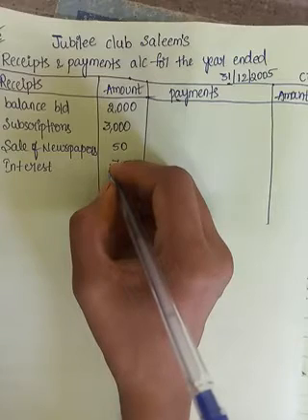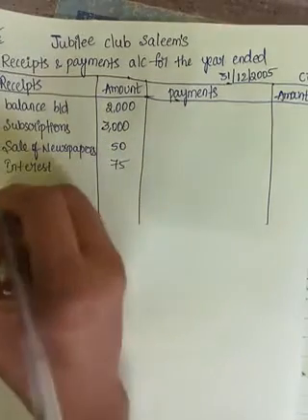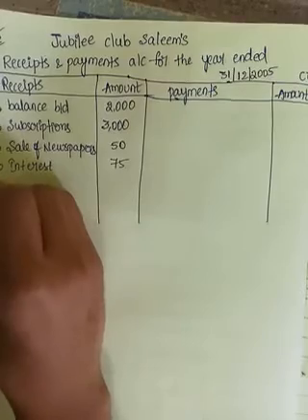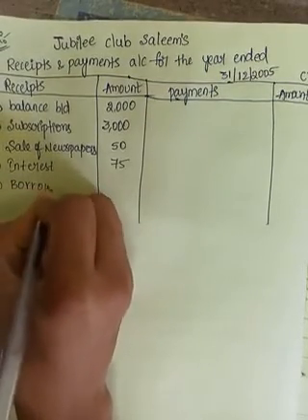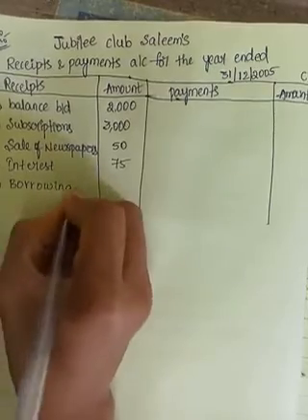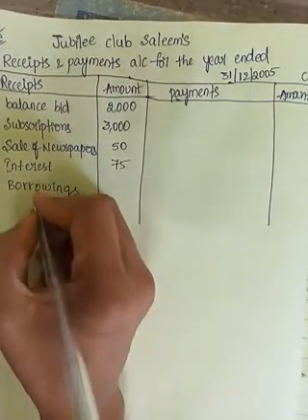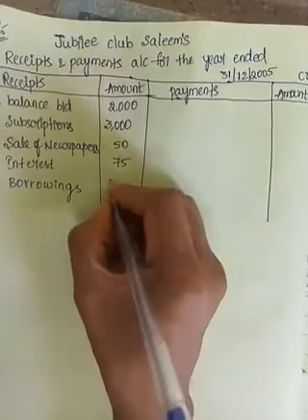Next is borrowings, to borrowings amount is 2000.